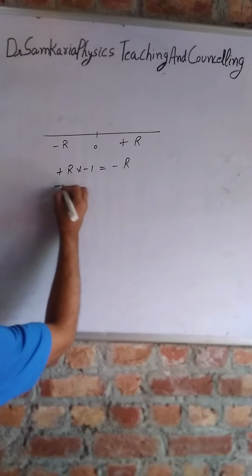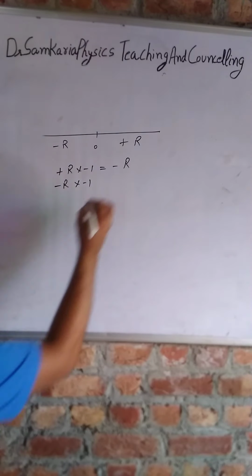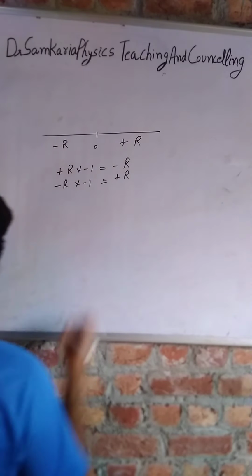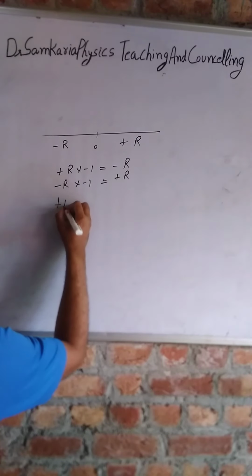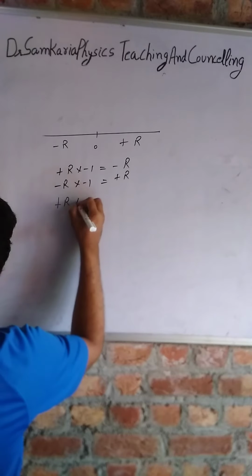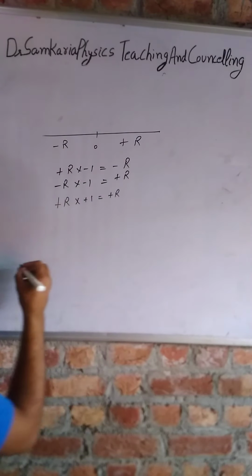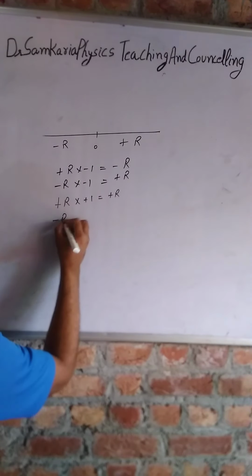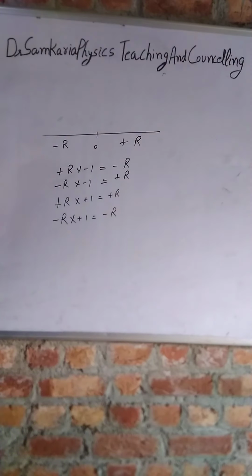Now if we multiply any negative real number with minus 1, we will get the same real number with positive sign. If we multiply any positive real number with plus 1, we get the same positive real number. And if we multiply any negative real number with plus 1, we get the same negative real number.